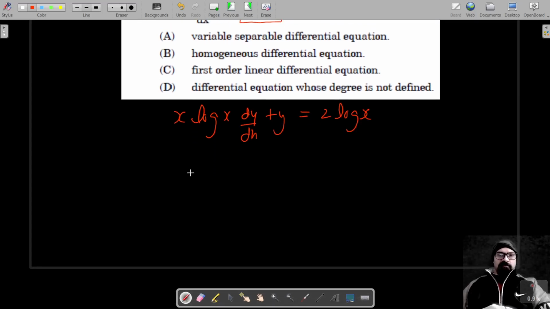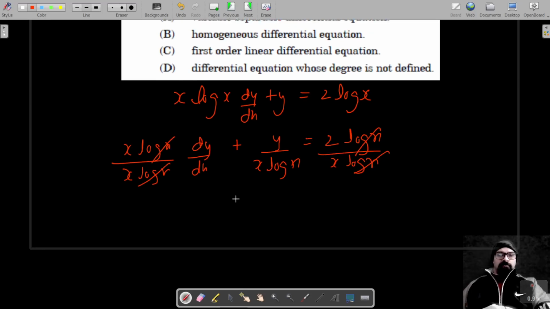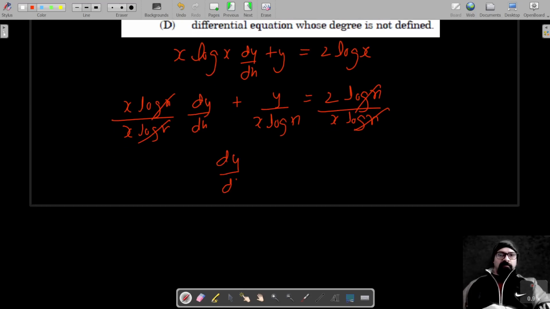And if we divide each of these terms by x log x, this is dy by dx, x log x divided by x log x, plus y upon x log x is equal to 2 log x upon x log x. So this is now dy by dx plus y upon x log x is equal to 2 by x.